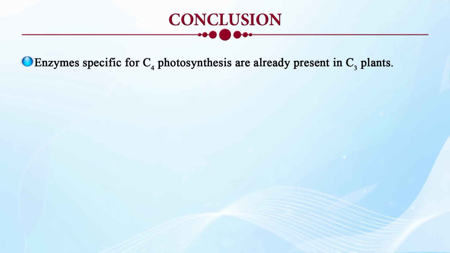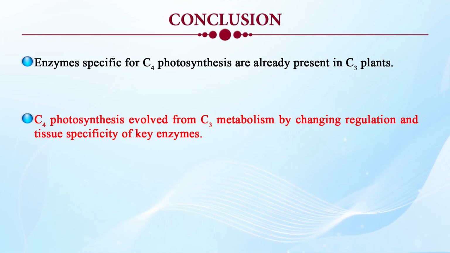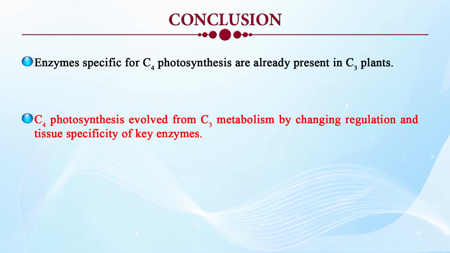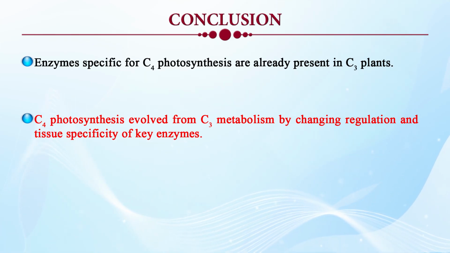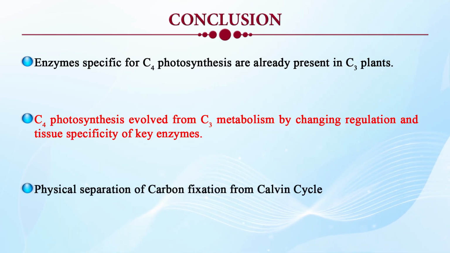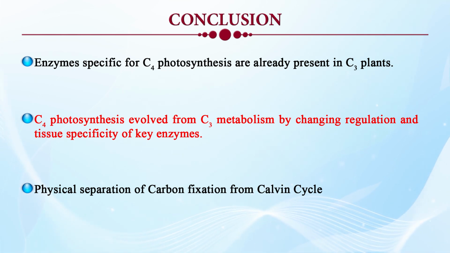So, that means it also gives us an idea that C4 photosynthesis perhaps evolved from the C3 metabolism by changing the specificity and the regulatory properties of tissues and the specificity of key enzymes. And it also led to a physical separation of carbon fixation from the Calvin cycle.